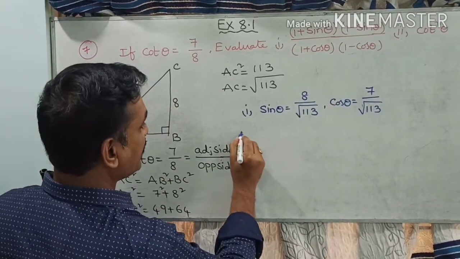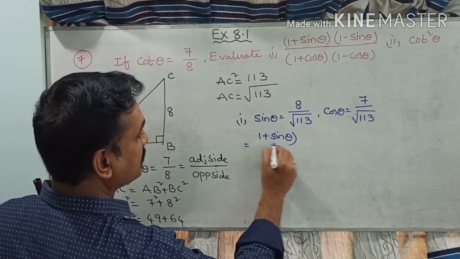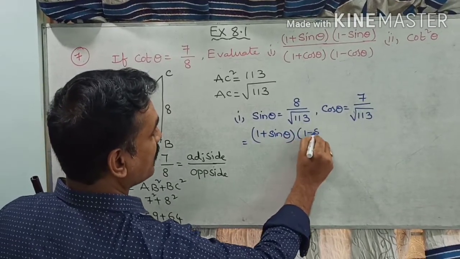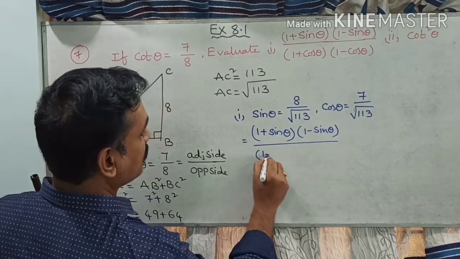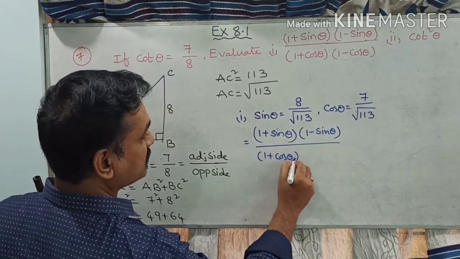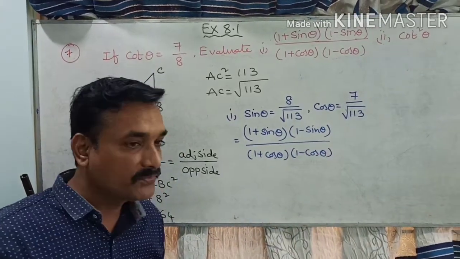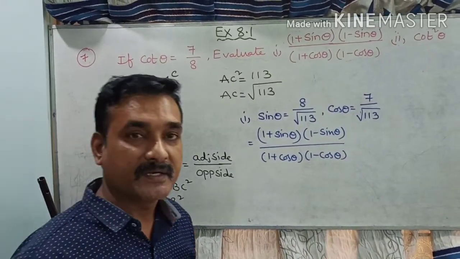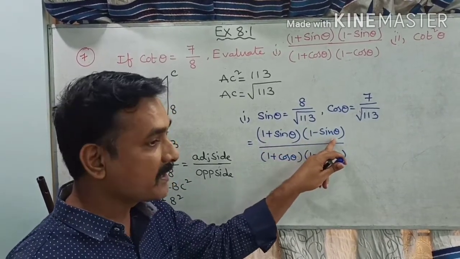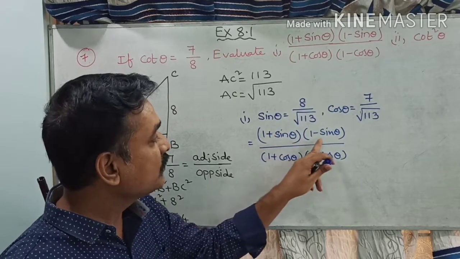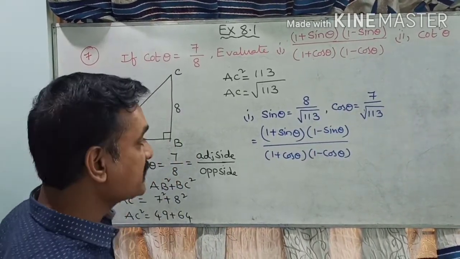Now the question given here is (1 plus sin theta)(1 minus sin theta) by (1 plus cos theta)(1 minus cos theta). If you observe, the numerator and denominator are in the form (a plus b)(a minus b), which we can write as a square minus b square.